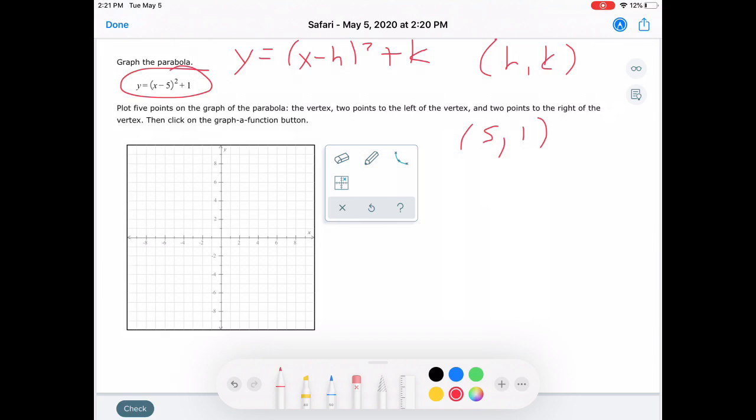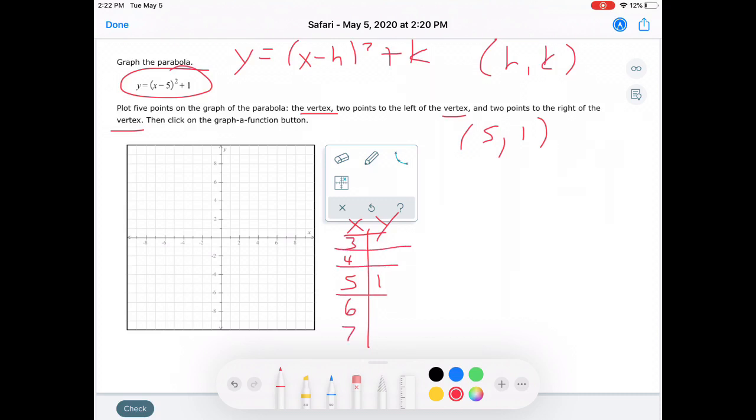And that is, as mentioned, pretty much the most important part. You see, we have to plot 5 points in order to use the parabola tool. We need the vertex. We need 2 points to the left of the vertex and 2 points to the right of the vertex. So we have found that. If I'm going to make a table to get all of these, I have 5, 1 for the vertex, and then to the left I have 4 and 3, to the right I have 6 and 7.